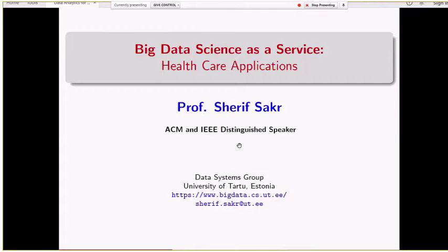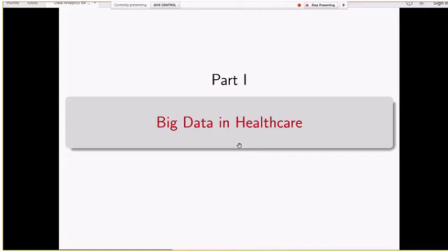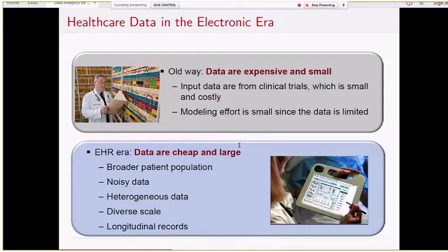So we are going to talk today about some applications of big data analytics and data science in the healthcare domain. Healthcare is one of the fields that has a huge amount of data. In the last few years, almost everywhere in every country, we have been seeing a big advancement in moving from paper-based records to electronic records, and we are now in the era where data storage is cheap and large.